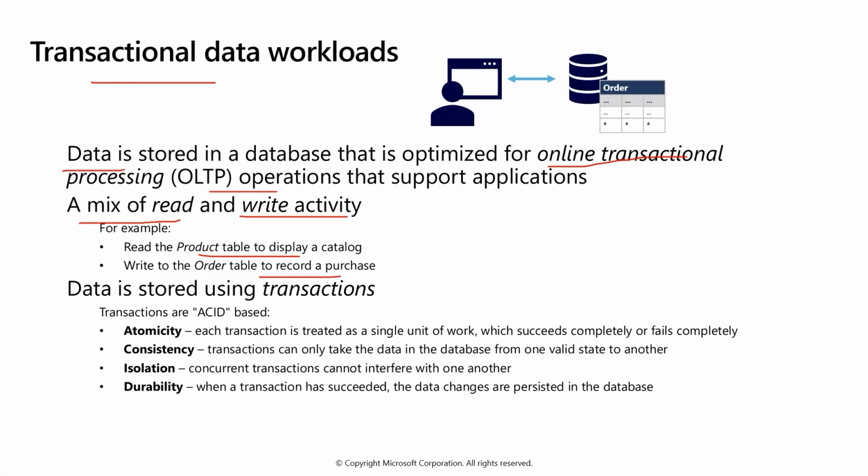So if you're billing somebody, you should not only be able to write the bill information in the database, you should be able to retrieve the product count, the cost of the product, and the inventory stock on the go, right? So it is optimized in such a way that you can perform both read as well as write operations, right?